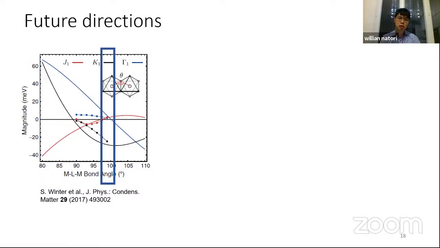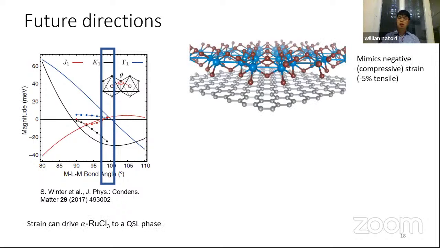Because if you go to a certain region, you will find that this Kitaev interaction in black here dominates strongly over other interactions in this J, K, gamma, prime model. So this idea was tried to be implemented through pressure, but it didn't work. It leads to a valence bond phase.